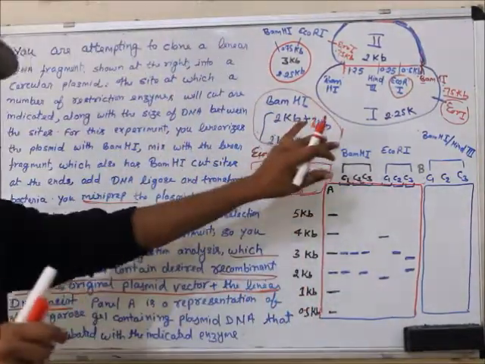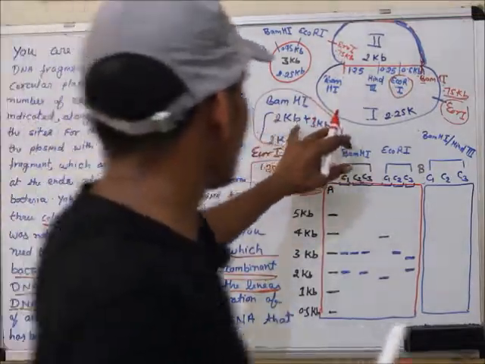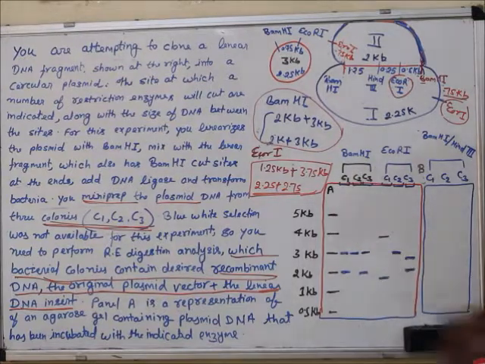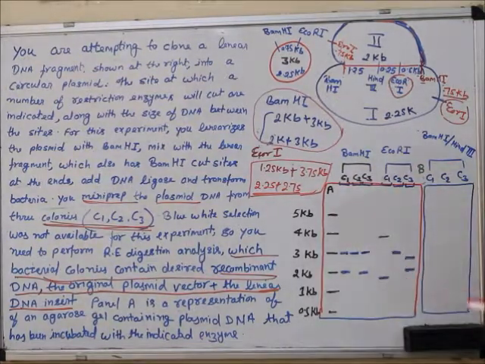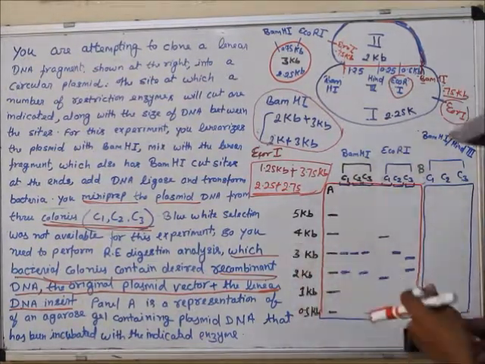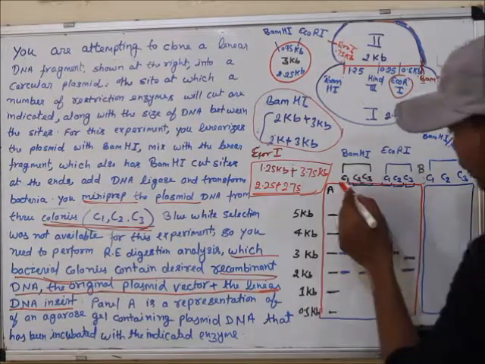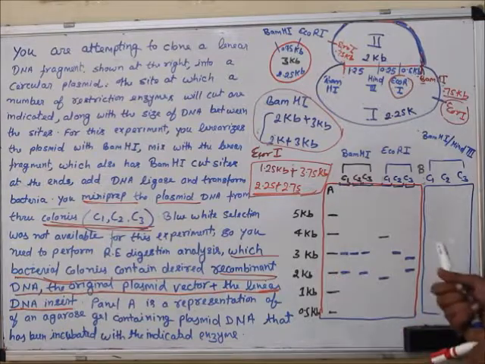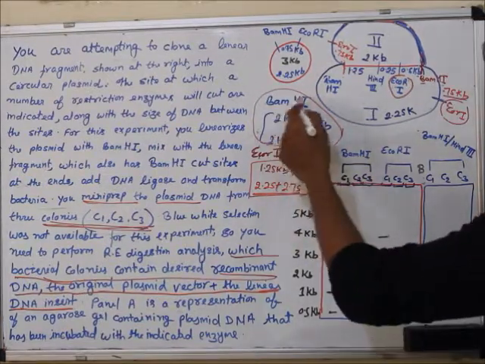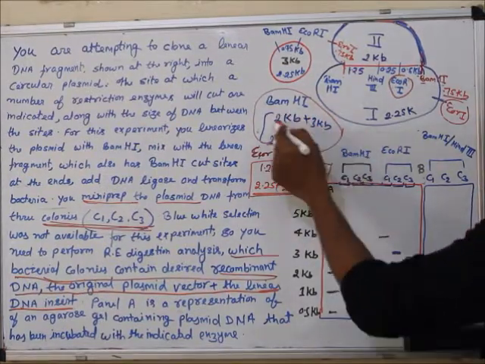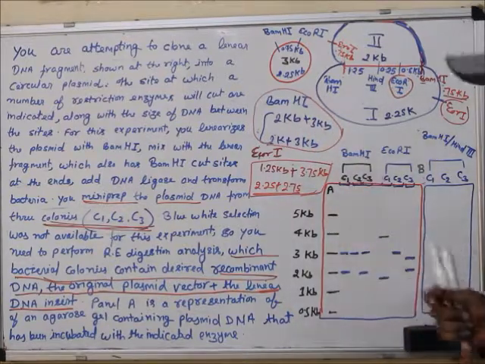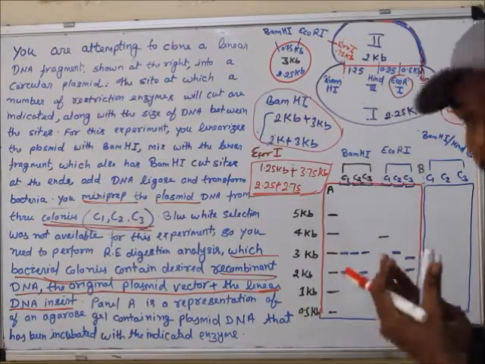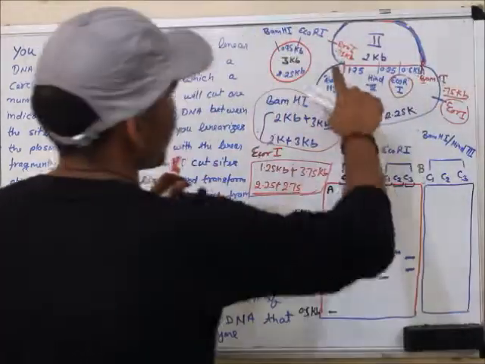And this is the two orientation result of BamHI, 2 kb and 3 kb. So after mapping, analyze the gel. You will see that C1 fragments are 3 kb and 2 kb. So the digestion with BamHI gives 3 kb and 2 kb in both orientations, so C1 has successfully taken up the foreign DNA.